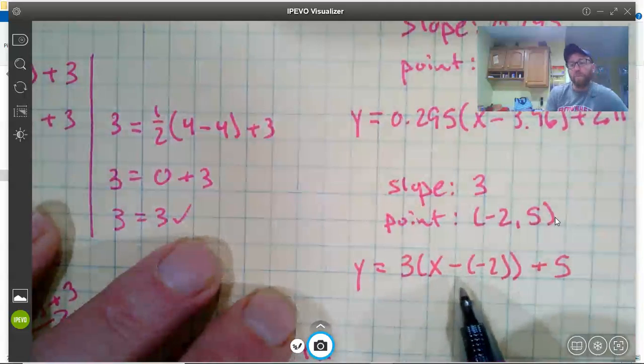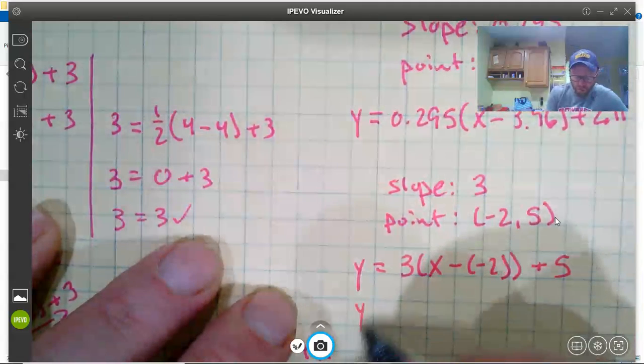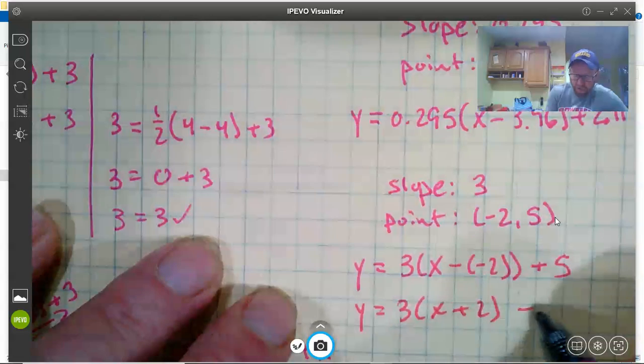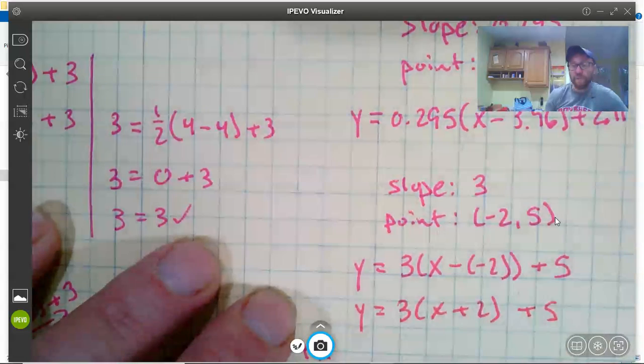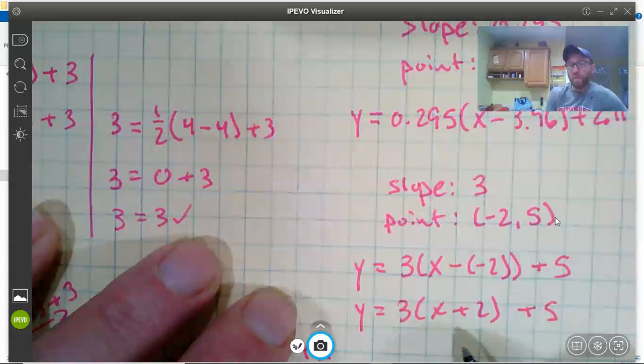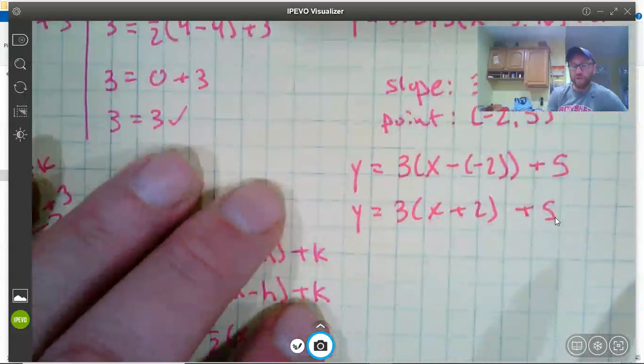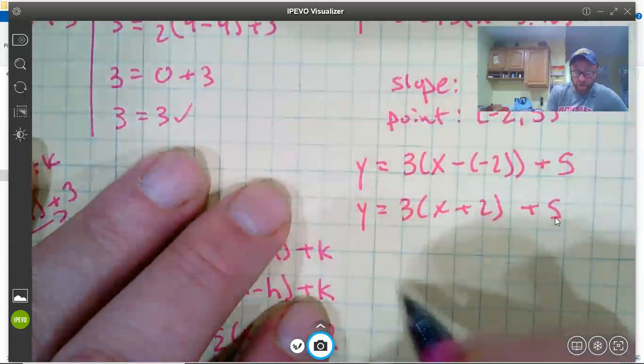And so I have this minus a -2, which we would rewrite as 3x plus 2 plus 5. So if you see a point slope equation that has a plus in the middle, it means that the point that we picked had an x-coordinate that was negative. And we could do the same thing if we had, say, a negative y-coordinate.